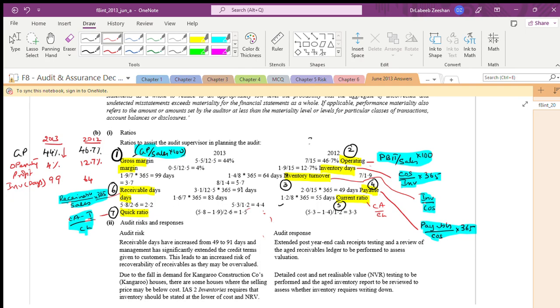Inventory in terms of times. 3.7 and 5.7. Payables days: 83.55.